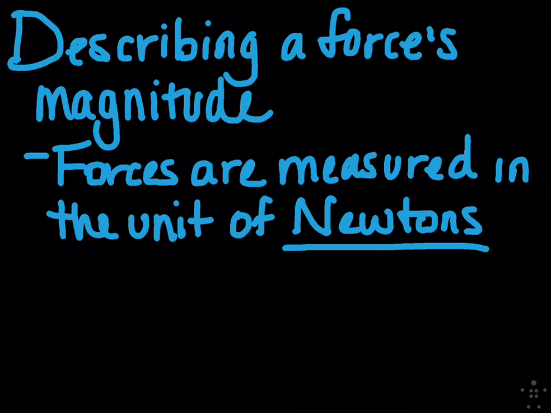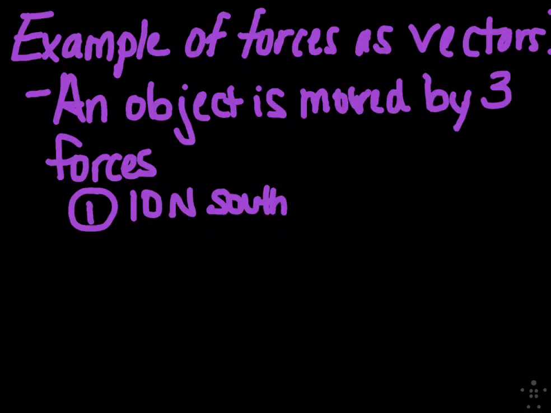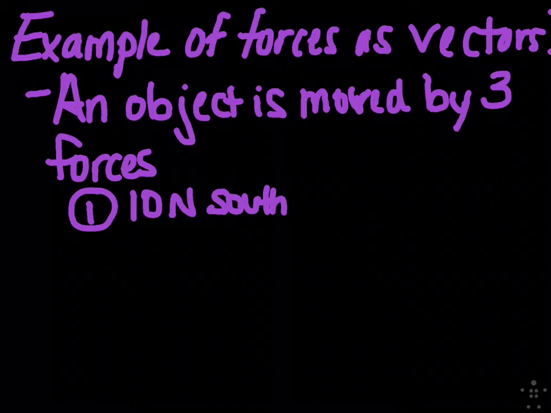So let me give you an example. An example of forces as vectors, where we include the magnitude with an actual number, would be something like this right here. So we can get the information that an object is moved by 3 forces. And the first force that moves the object is a force of 10 newtons in the south direction.